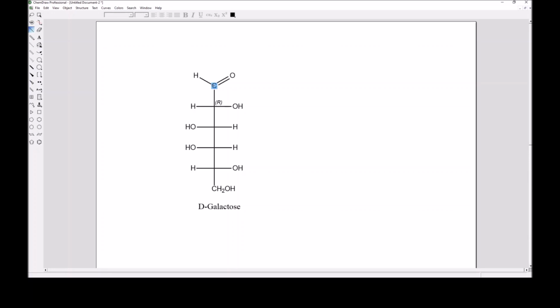The carbon on CHO in carbohydrates will always be the number 1 carbon, and so this is the carbon that should be at the top of all of your Fischer projections, this aldehyde carbon right there. Okay. Now, in order to determine that this is indeed R, I need to assign priority to the remaining 4 atoms, so all 4 of the atoms that surround that chiral center.